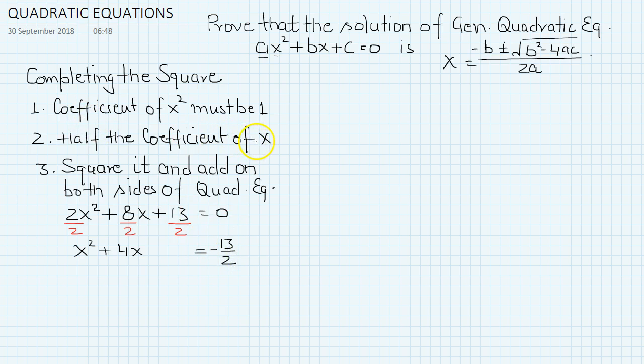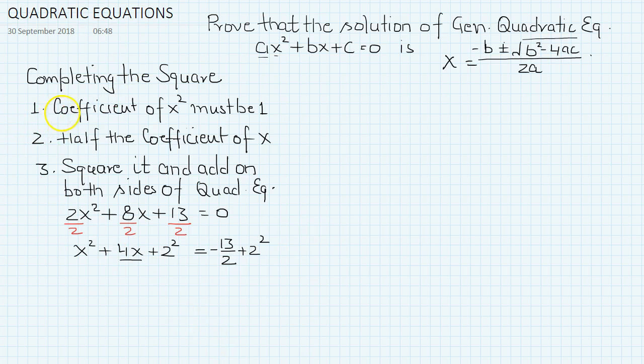Half the coefficient of x, that is, we have divided it. Now half the coefficient of x, the half of 4, is 2. Square it and add on both sides. I have put plus 2 square here and plus 2 square here.